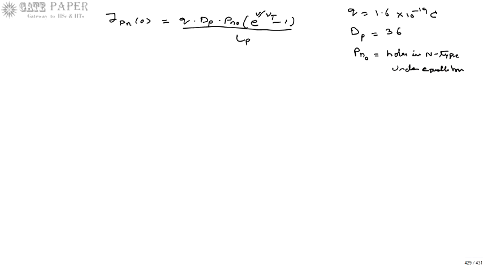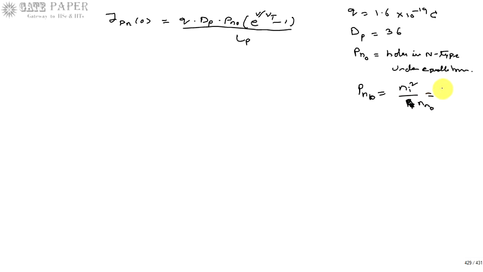Equilibrium means thermal equilibrium. So this can be calculated from mass action law. Mass action law states that in any region, the product of majority and minority carriers, that is the product of total positive and total negative charge, is exactly equal to the square of intrinsic carrier concentration, and from that we can calculate Ni square divided by Pp naught, Ni square divided by Nn naught.